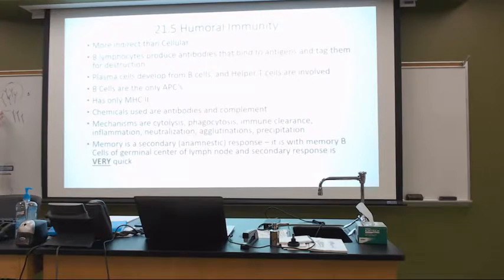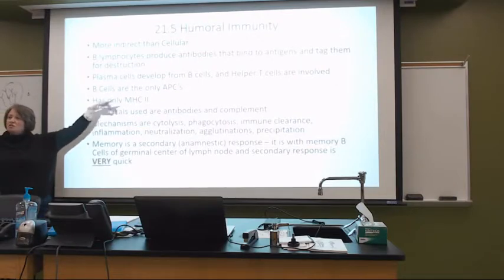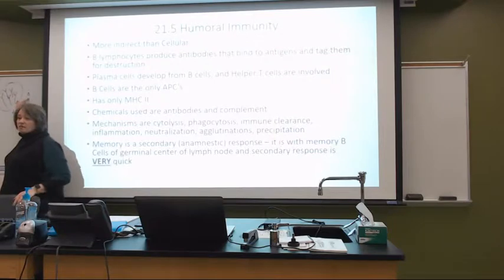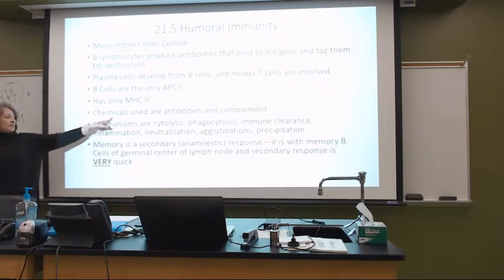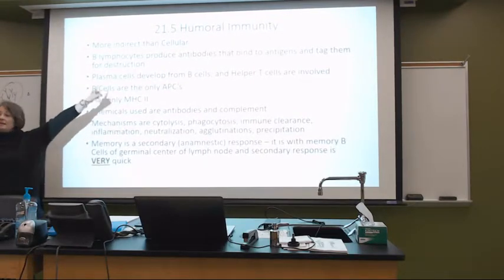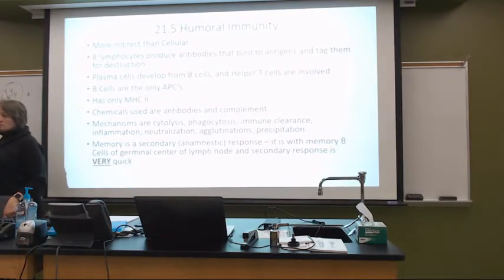So in this plasma cell, now, talking about the MHC2, that means it's going to tag the little piece that needs to be destroyed. We're going to have chemicals get used. We're going to see antibodies getting formed.